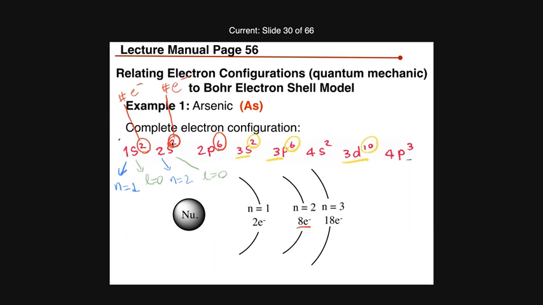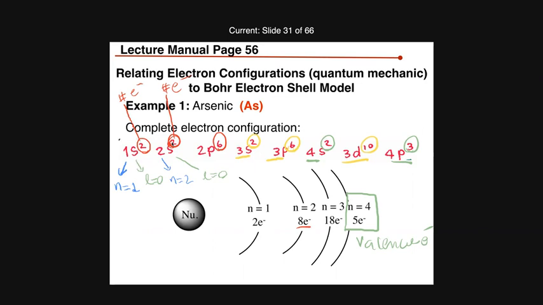Now for n equal to 4, you have 4s and 4p. If you add the electrons together, you get 2 plus 3, so there should be 5 electrons in that main energy level. As we mentioned earlier, the 5 electrons in the outer shell are what we call valence electrons. These are the ones that will undergo chemical reaction, whether they lose or gain electrons, within this layer.